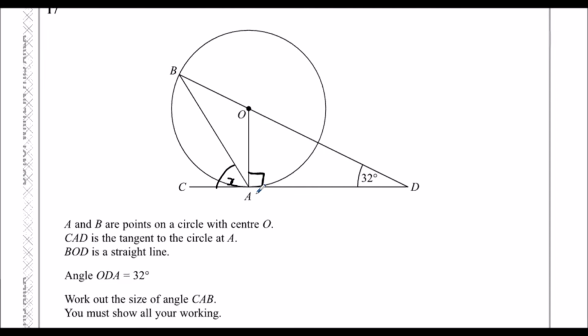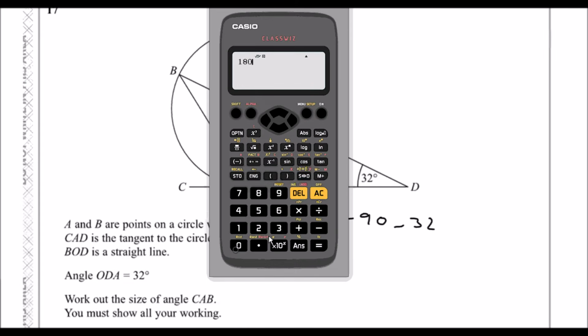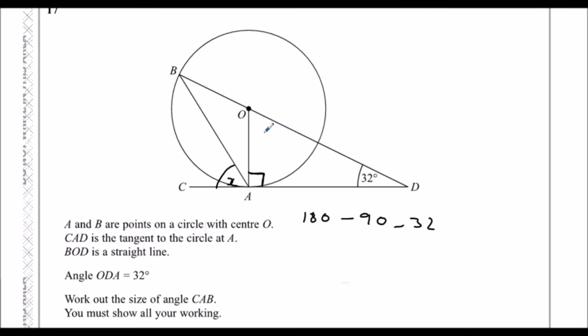So we know the tangent meets a radius at 90 degrees. So we've now got two angles in this triangle. So 180, take away 90, take away 32 will give us angle AOD. 180, take away 90, take away 32 is 58.